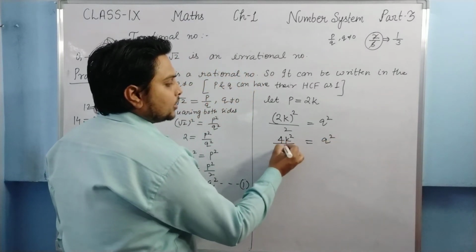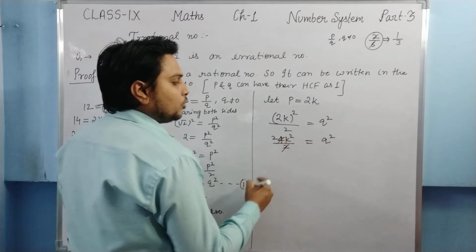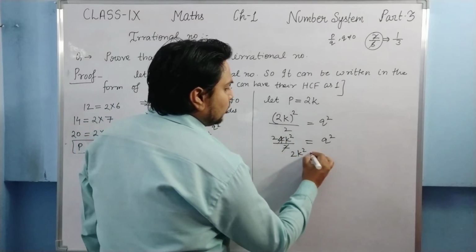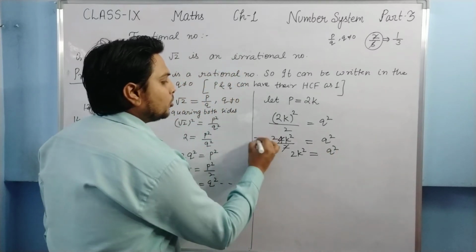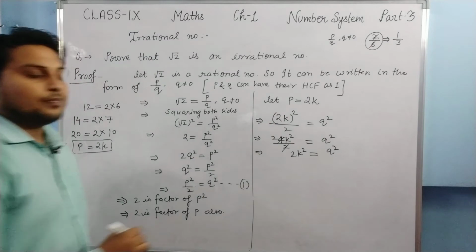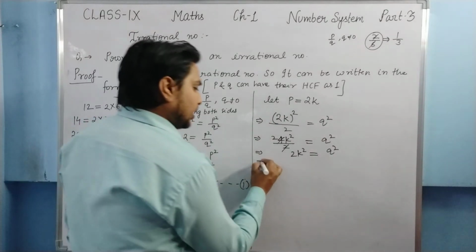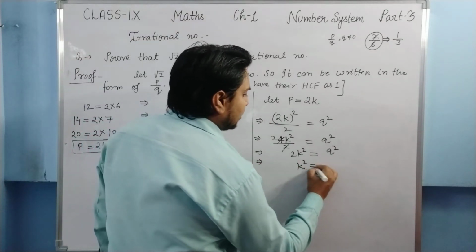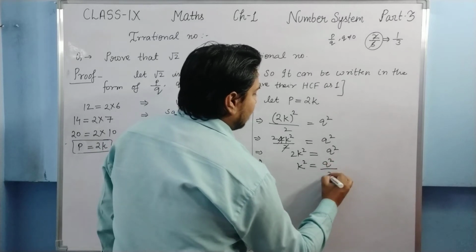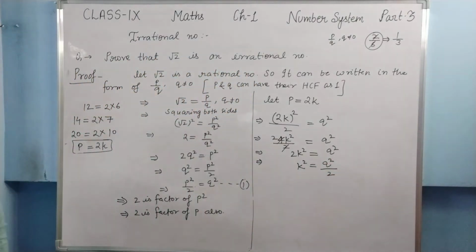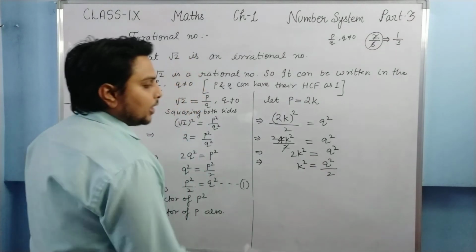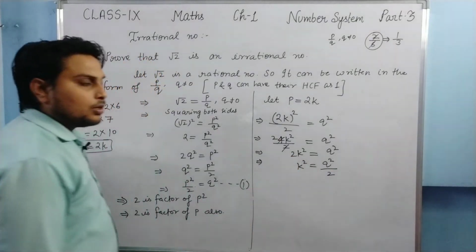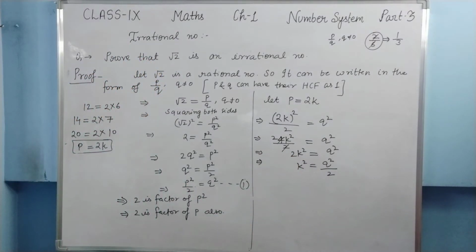Now this 2 will cancel this 4 in 2 times, so it is coming 2K square is equal to Q square, okay. Now students, we can see that K square is equal to Q square upon 2. K is any constant which is an integer.